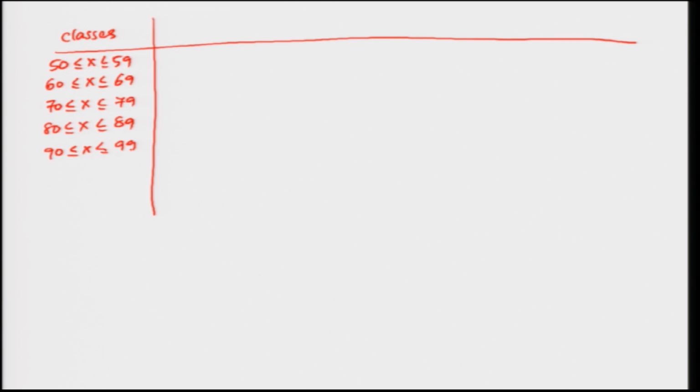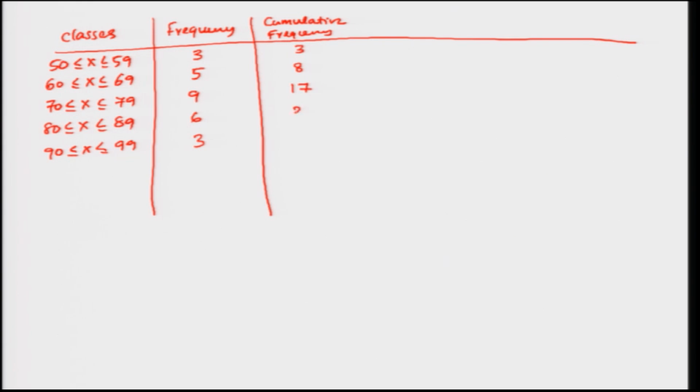And we had the frequency, which was 3, 5, 9, 6 and 3, and then the cumulative frequency, which was 3, then 8, then 17, then 23 and 26, and here the total is also 26.